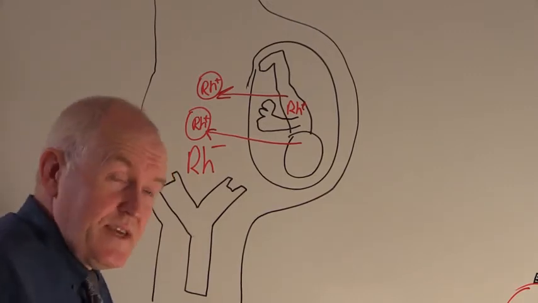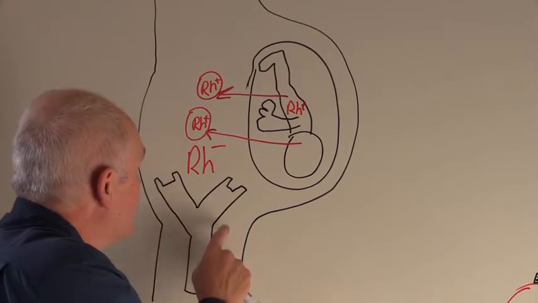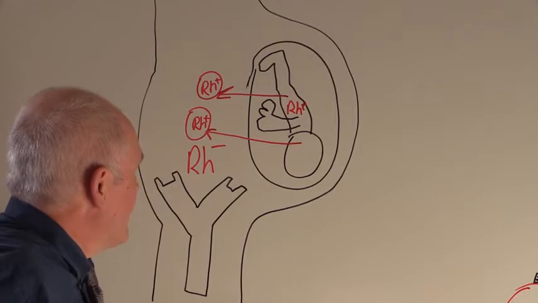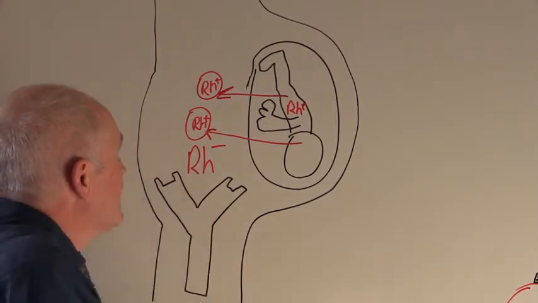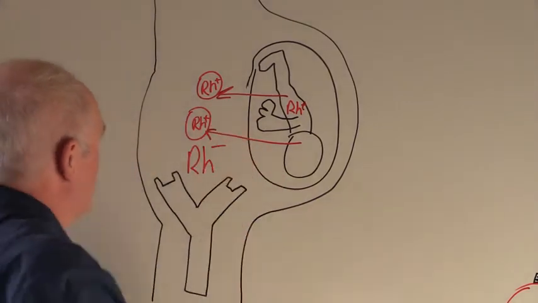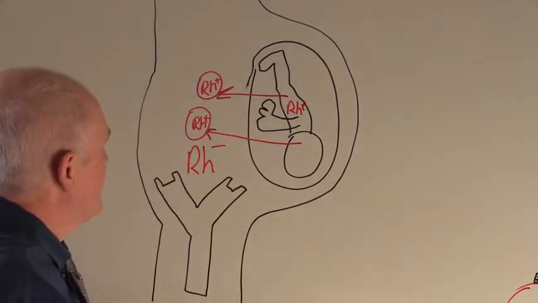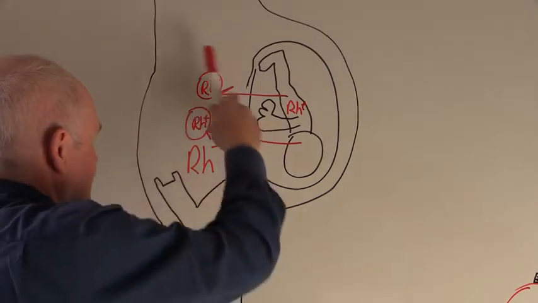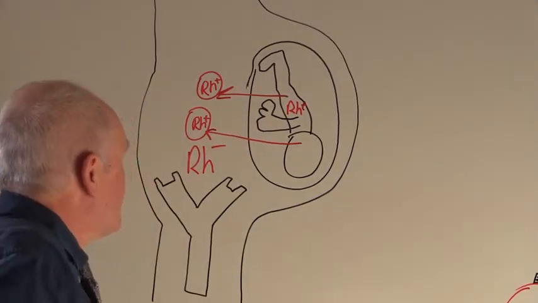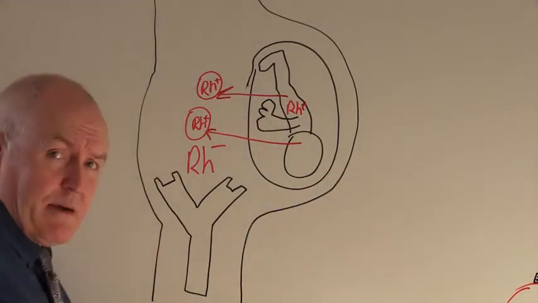But what this means is that the mother is now sensitized to the rhesus factor. She now has rhesus factor antibodies because of the feto-maternal hemorrhage, the baby's red cells getting into the mother's circulation. But that baby's gone now, they're born, that's absolutely fine.